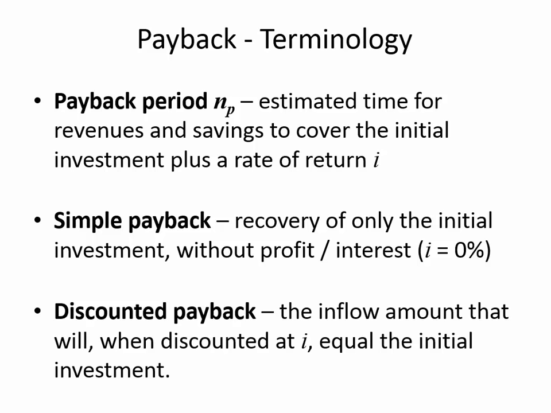Discounted payback, on the other hand, is when we take those future values that we expect to receive and we discount them at a known interest rate i. And it's the discounted payback amounts that we can use when we're creating the unrecovered cash flow balance. And the idea of unrecovered cash flow isn't new. It's something we've talked about in previous classes.